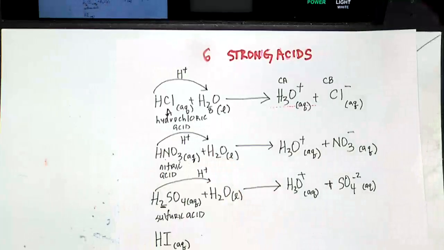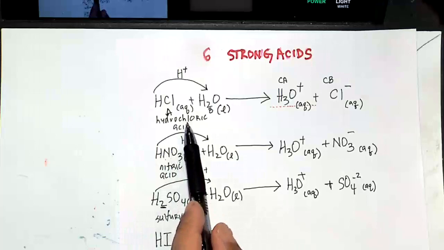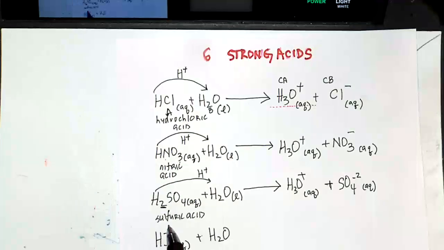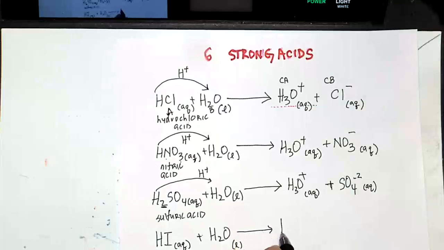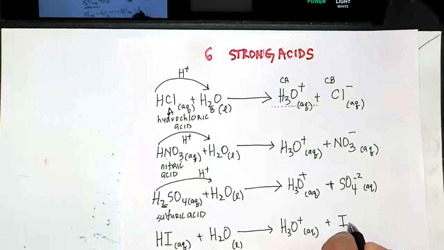This is hydrochloric acid, this is hydroiodic acid. Halogens, chlorine and iodine, when you acidify them, give hydrochloric acid, hydroiodic acid. And then you get the conjugate base.